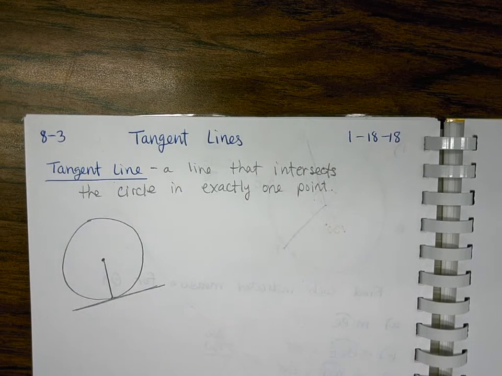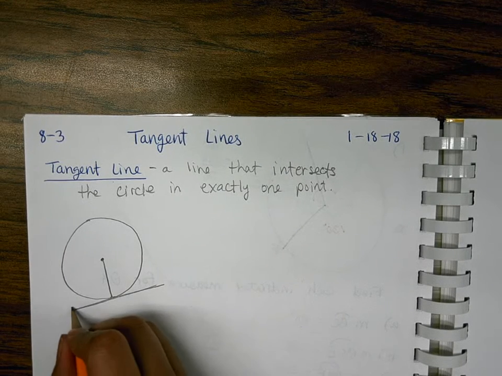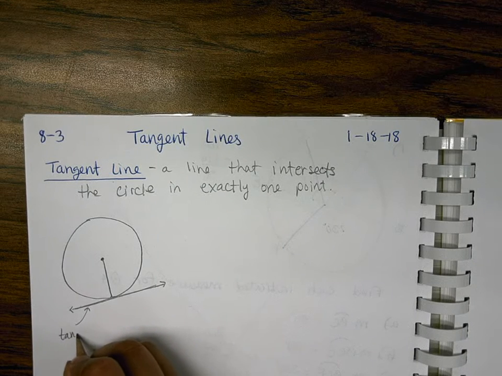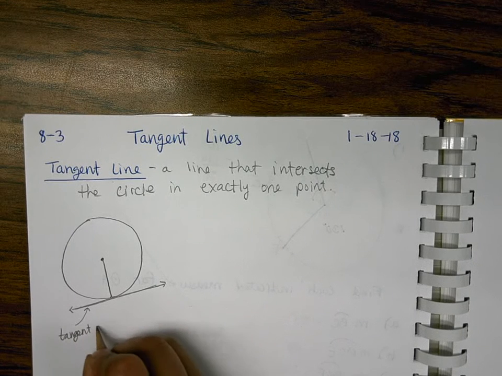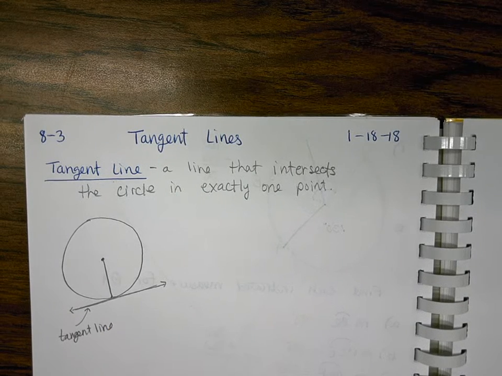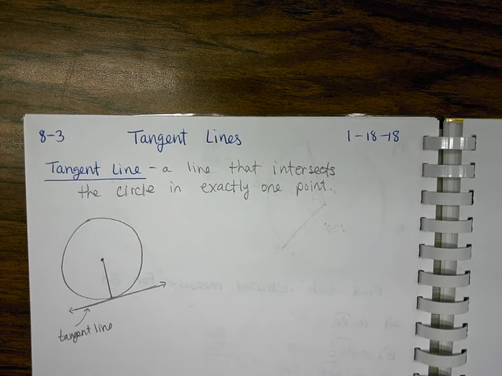Okay, that is a tangent line. The point at which they intersect is called the point of tangency. I'm not going to write that down, but just so you hear it, point of tangency.